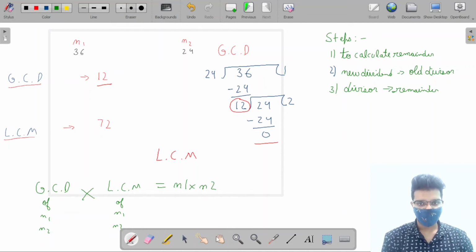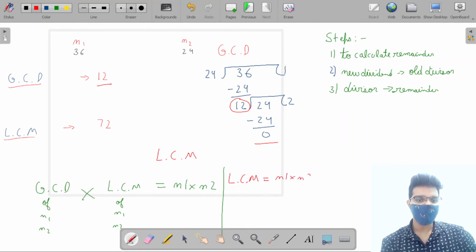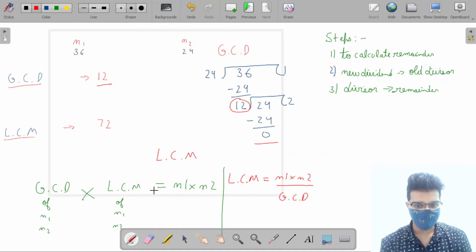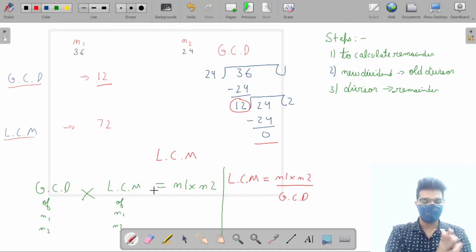So by this formula, can we find LCM? Of course we can. LCM is equal to n1 into n2 divided by GCD. I hope you are understanding it. So by this formula, we can simply calculate LCM.